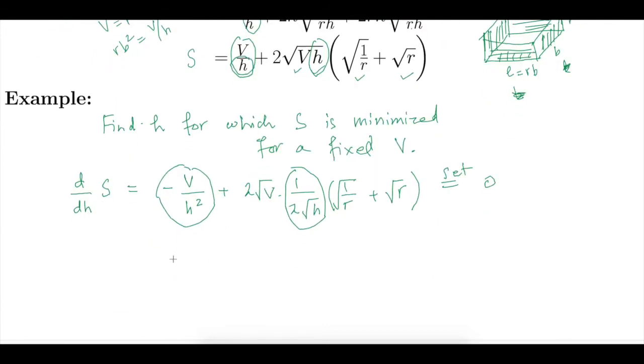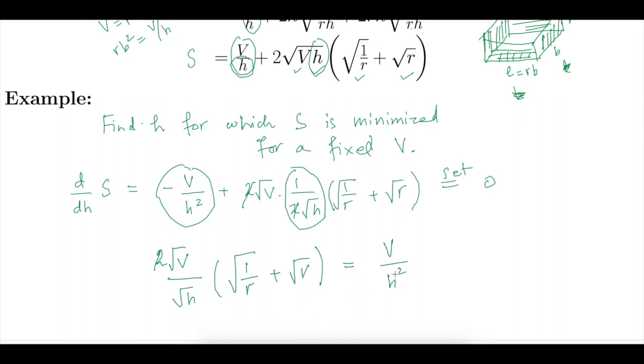If we do that, then we have 2 times root V. Then this 2 and 2 cancel out, so I don't have to write 2. So root V over root H times 1 over root R plus root R is equal to V over H squared. Okay. So then what can we do?